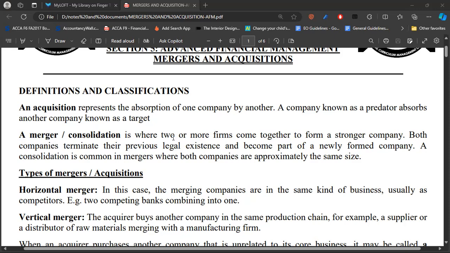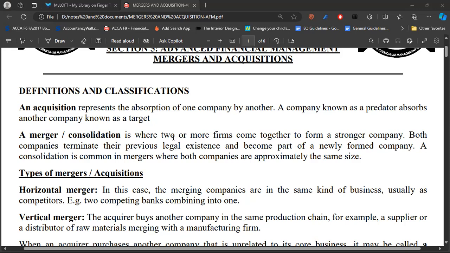Now, when you look at a merger, because I have already explained what an acquisition is, a merger is where two or more firms come together to form a stronger company. Sometimes, as things are becoming tough now in our country, some companies may be willing to merge.